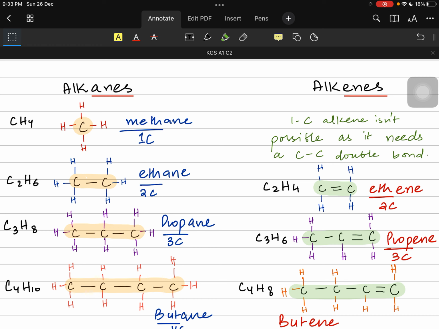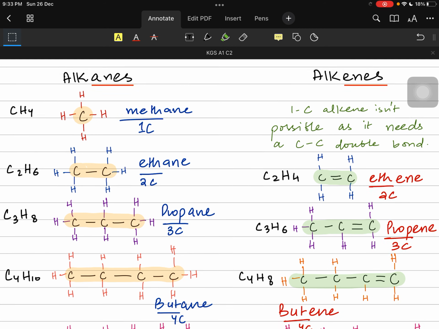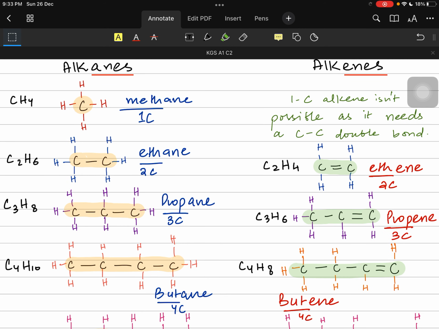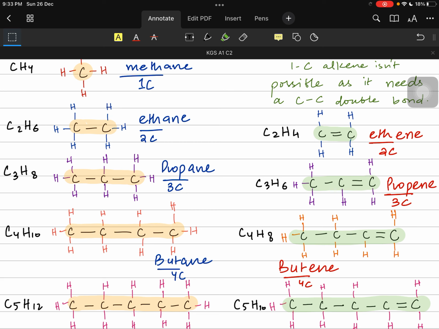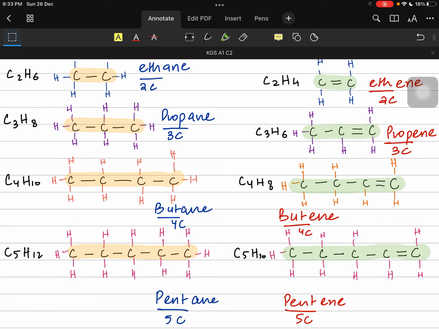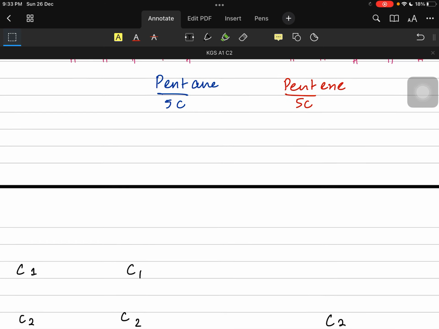But when we are talking about the alkene series, they have one carbon-carbon double bond, and the name ends with ene, which means ethene, propene, butene, pentene. So this is what we should keep in mind.